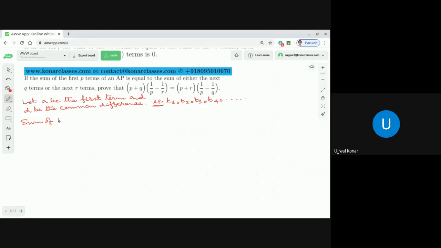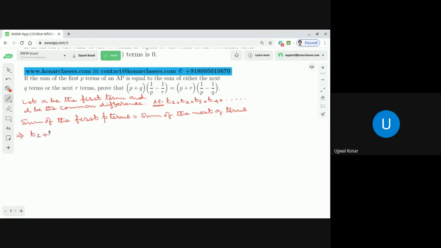Sum of the first P terms is equal to the sum of the next Q terms. Next is an important word here. Next Q terms. So from here, what are we going to get?